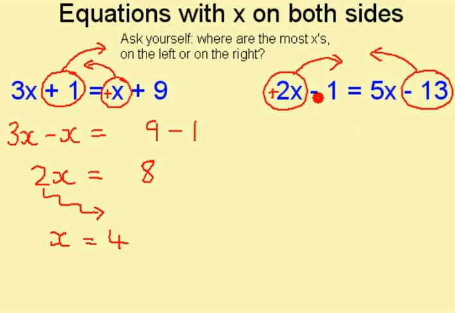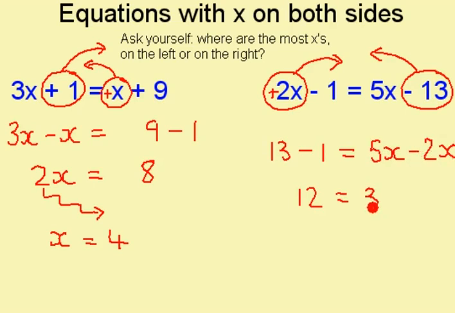So over here, I've got the minus 13, which is now a plus 13, minus 1. I've got the equals. I've still got the 5x, but I've now also got a plus 2x, which is float and pinged and become minus 2x. So I've got 13 minus 1, which is 12, 5x minus 2x, which is 3x.